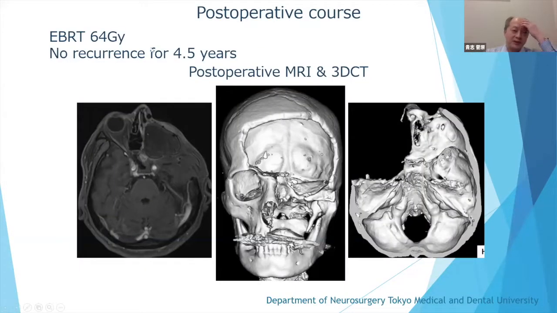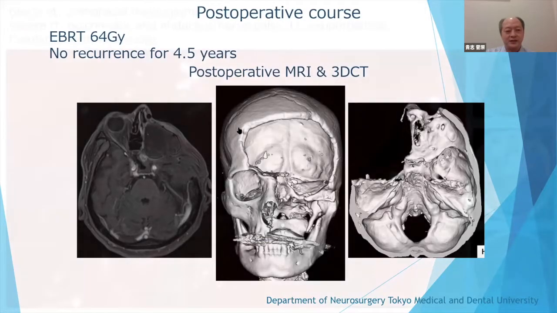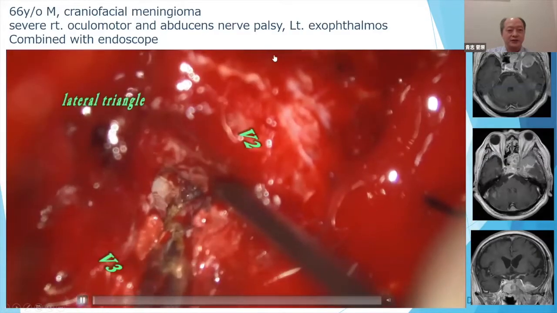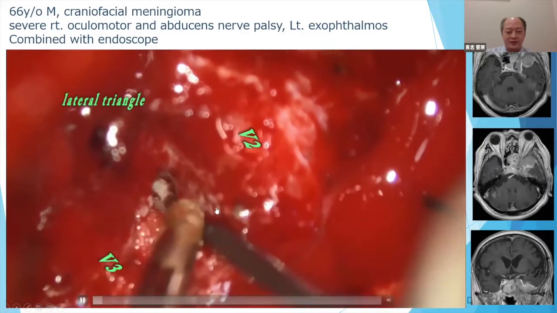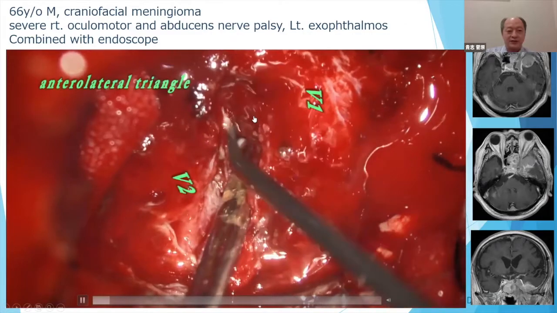And amazingly, he underwent EBRT and had no recurrence for more than 4 years. He is still alive. And this is a craniofacial meningioma. He has right oculomotor and abducens nerve palsy, and here is the anterolateral triangle.